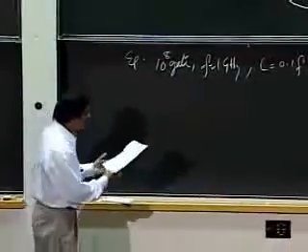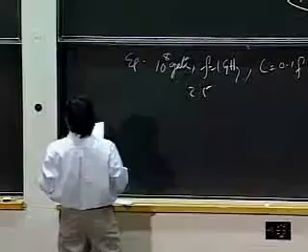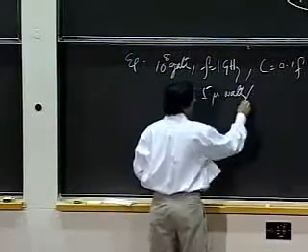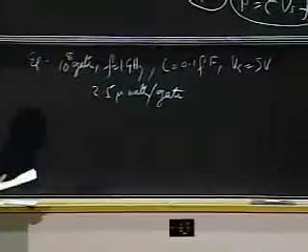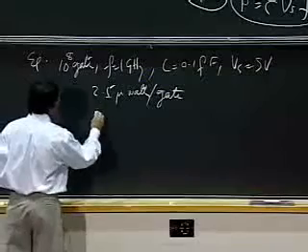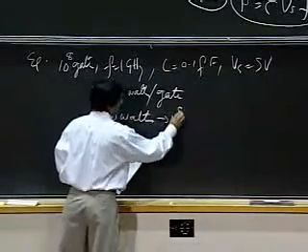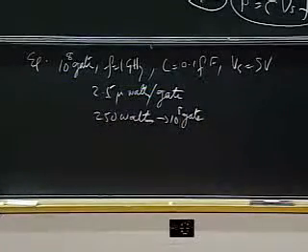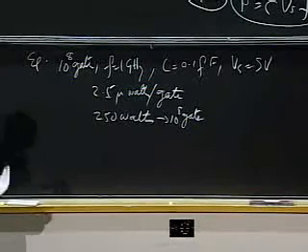Based on this calculation, I had 2.5 microwatts per gate, and for 10 to the 8 gates, I had 250 watts for a chip with 10 to the 8 gates.